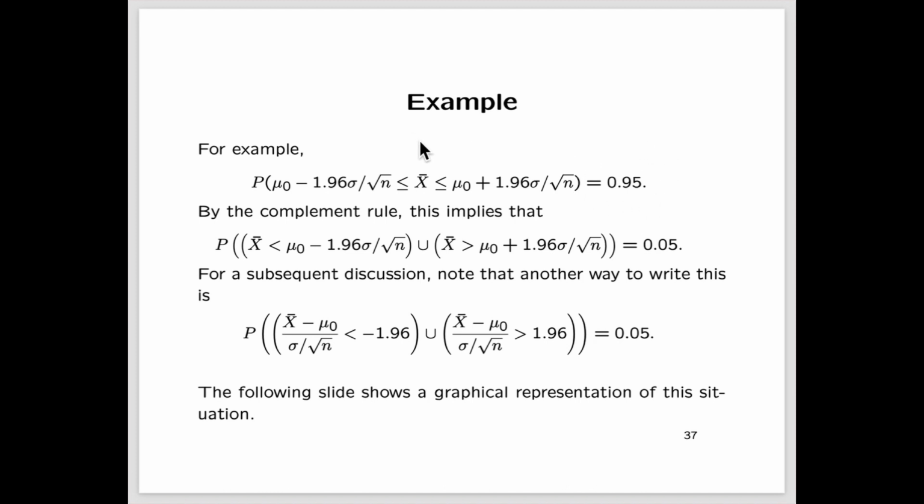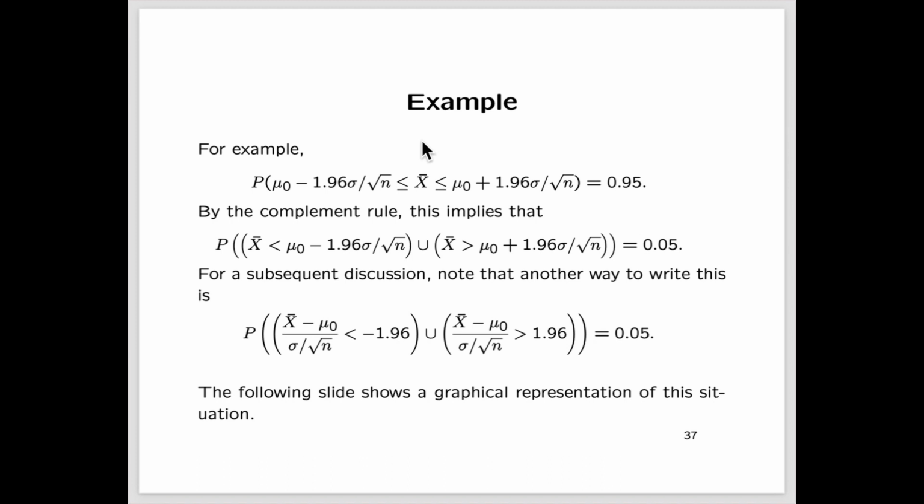Another way to say this is that if the null hypothesis is true, then the probability that we obtain a sample from the population of size n for which the sample mean is within 1.96 standard errors of mu sub 0 is 0.95.